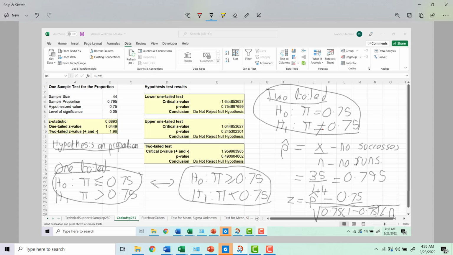So we calculate the z value, and if it is in the critical region, then we reject. Again, the further away our actual p hat is from our hypothesized value, the more likely we are to reject. And this leads to a bigger magnitude for the z test.